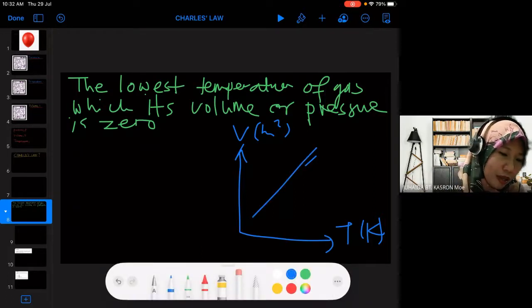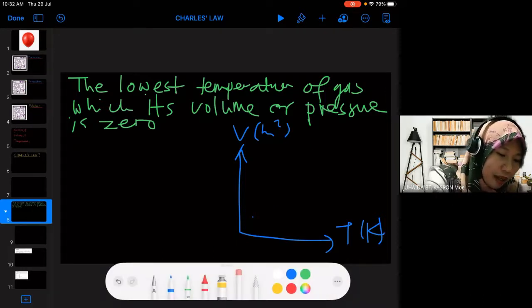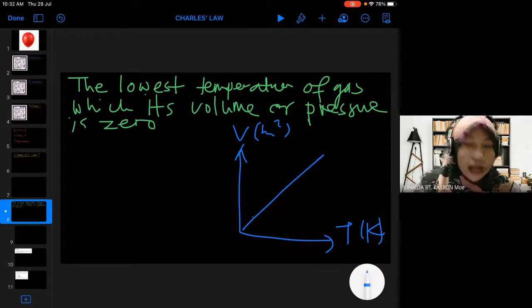Okay, so directly proportional is like this: a straight line beginning from zero. This is the Kelvin. We use the Kelvin temperature. So it is stated that in Charles' law, the volume is directly proportional to the absolute temperature.